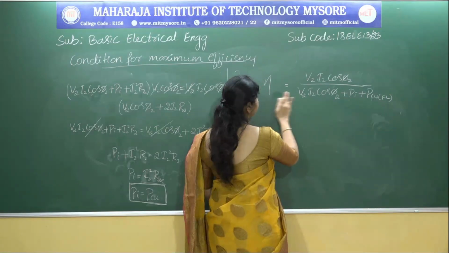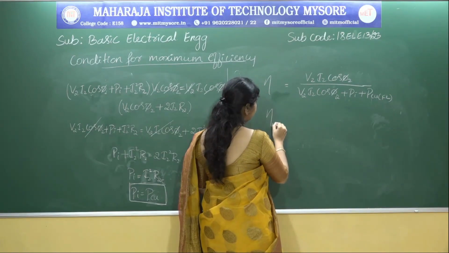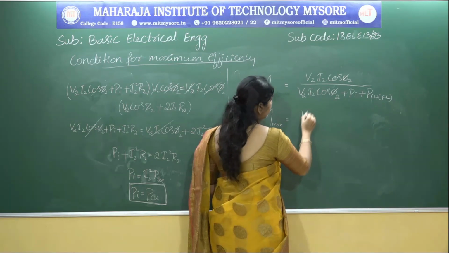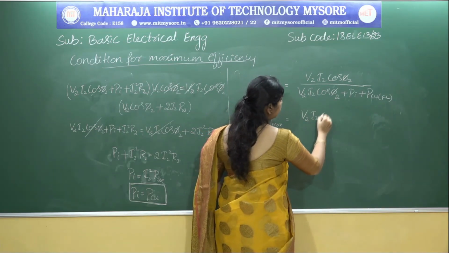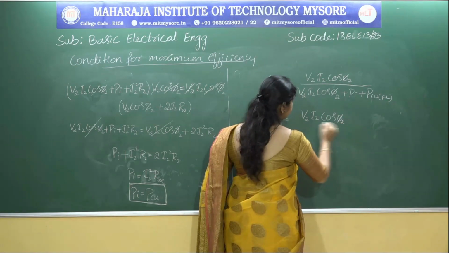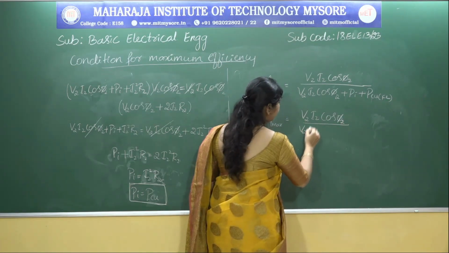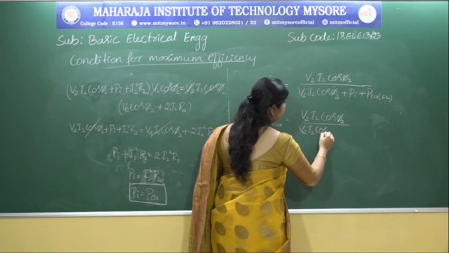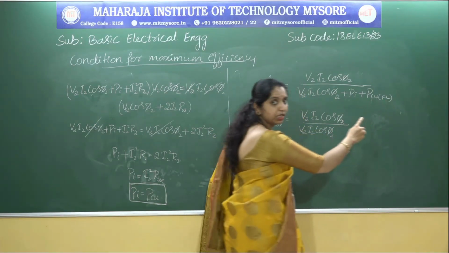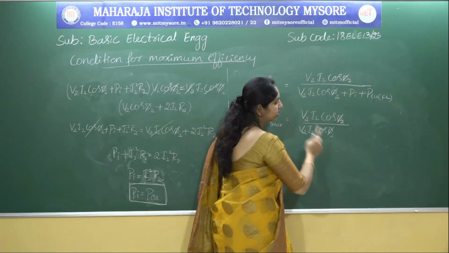So this is only for the efficiency, and similarly to find the maximum efficiency, this equation can be written as V2 I2 cos phi 2 divided by V2 I2 cos phi 2, and if I substitute PCU, the condition is Pi is equal to PCU.